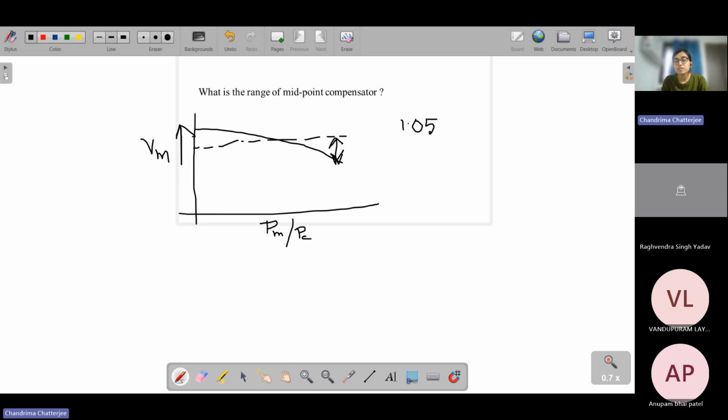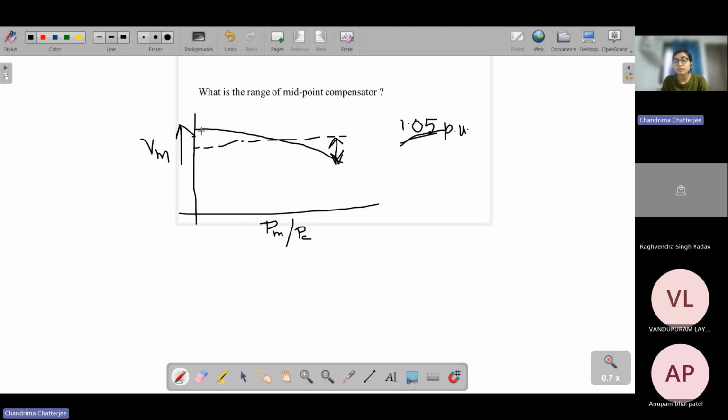It can be here or here, it can be at rated load, near about rated load, or at light load. But whatever the load, you will always be able to maintain this voltage. So to maintain this voltage, what is the range of reactive compensation required?